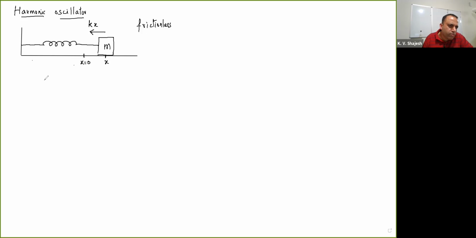So using Newton's law, we can say mass times acceleration is equal to minus k x. Acceleration is the second derivative of position, so we have mass times the second derivative of position with respect to time equals minus k x.